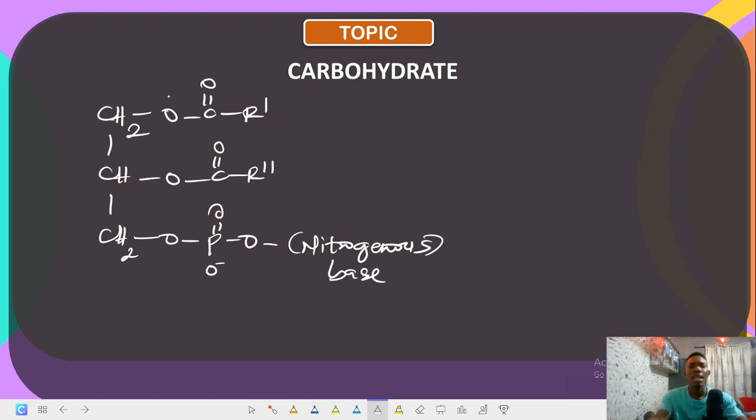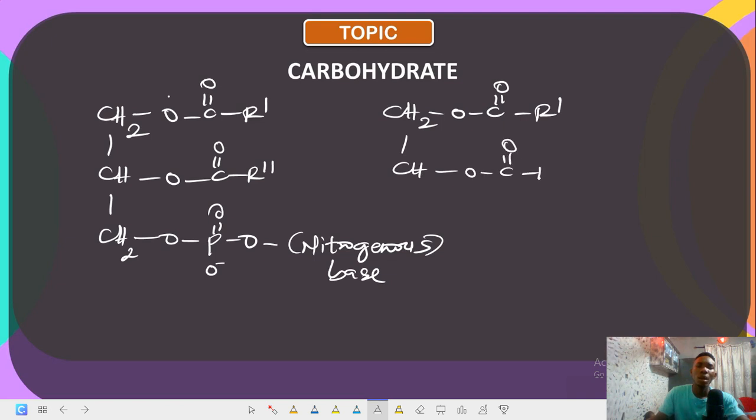So that is basically all you need to write under glycerophospholipid. They are phospholipids that have glycerol as their backbone, and they consist of fatty acid esterified with glycerol. They also have a nitrogenous base and a phosphate group. Now, the simplest of all glycerophospholipids is phosphatidic acid. This is the structure of phosphatidic acid: R prime, CH, O, C double bond O, R double prime, and then CH2, O, P double bond O, O minus.